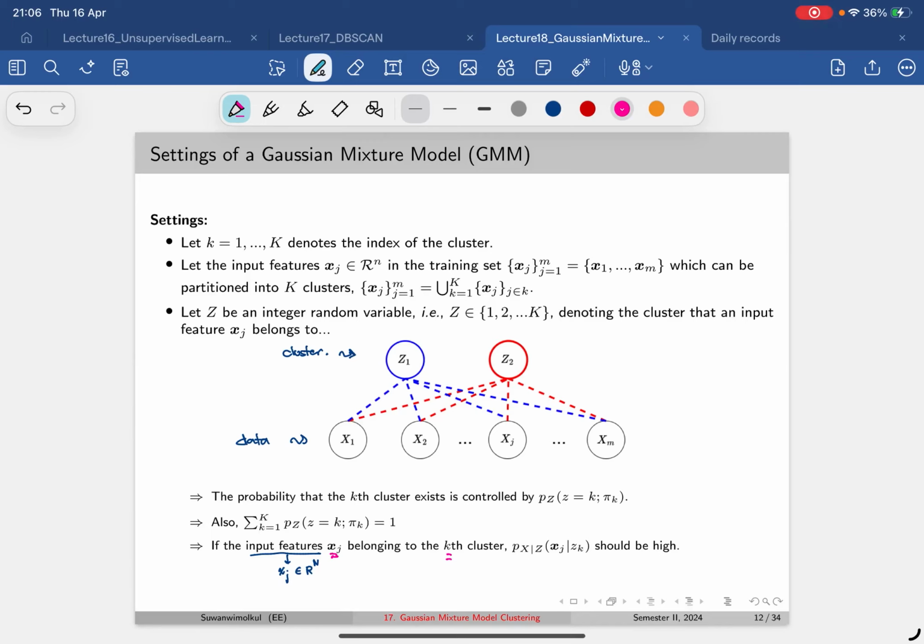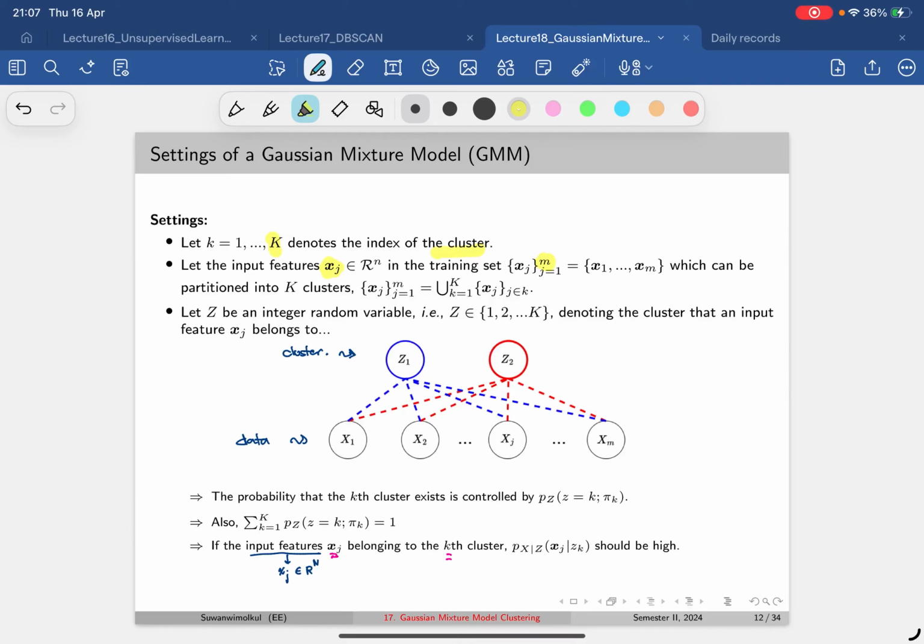As we know, the Gaussian mixture model is used to perform clustering. Let's assume that we have k clusters among the input feature xj, and that there are m samples that we want to cluster.